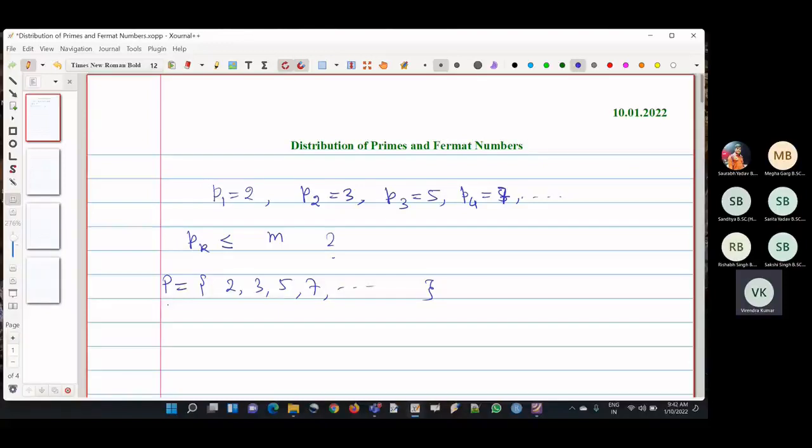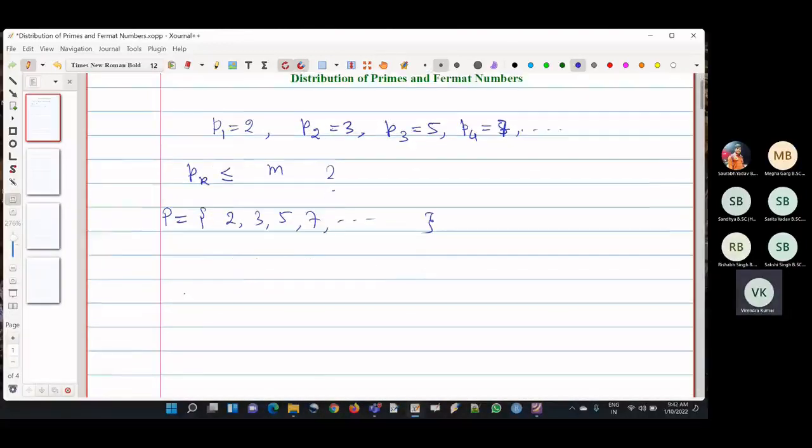So there is a result, and that result is not so sharp. Not so sharp means that writing, for example, 2 is less than 100 or some 1000 is not a very strong inequality.